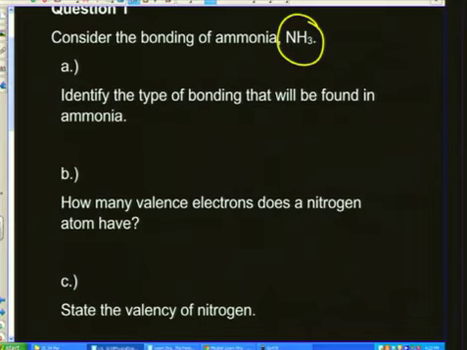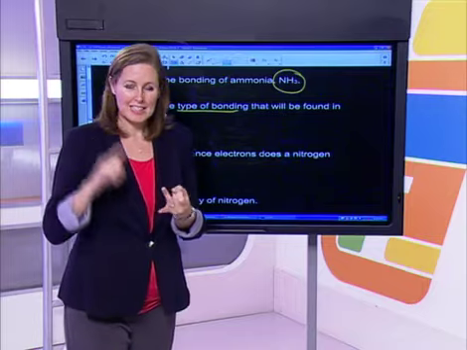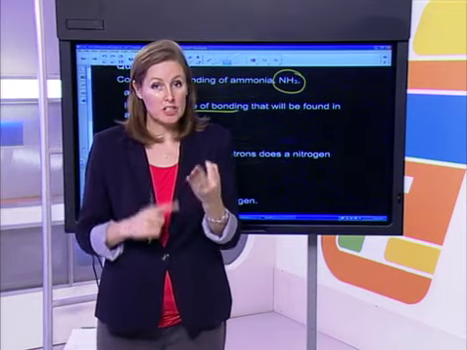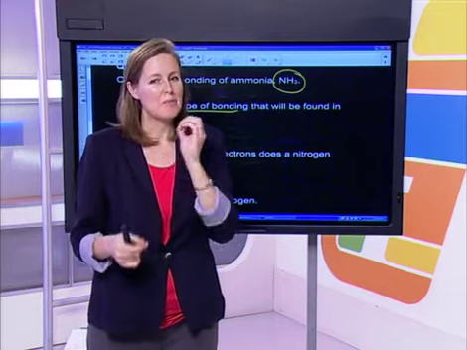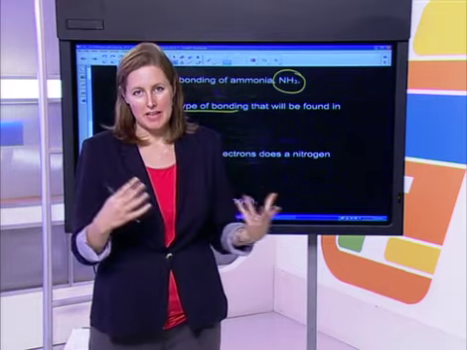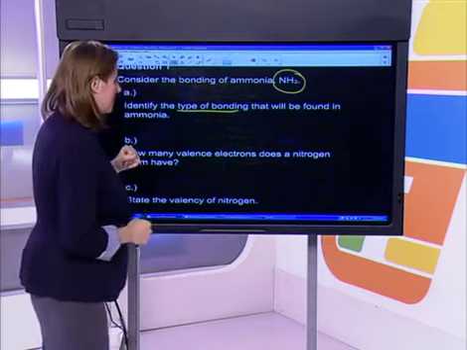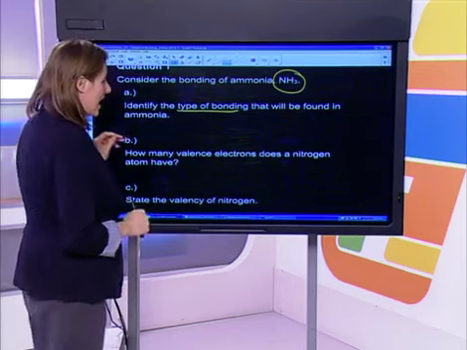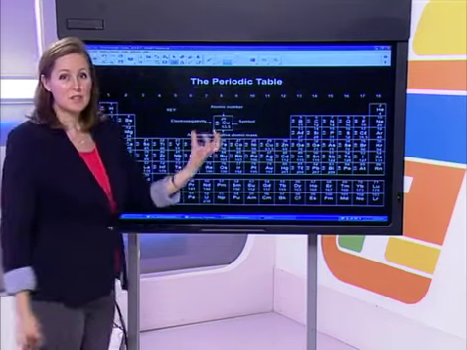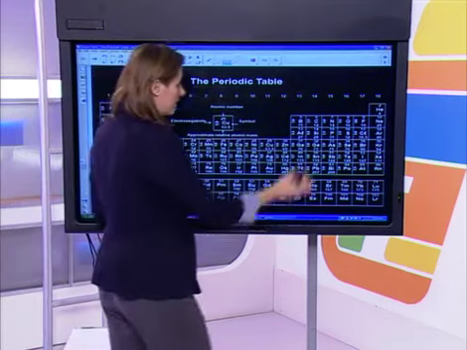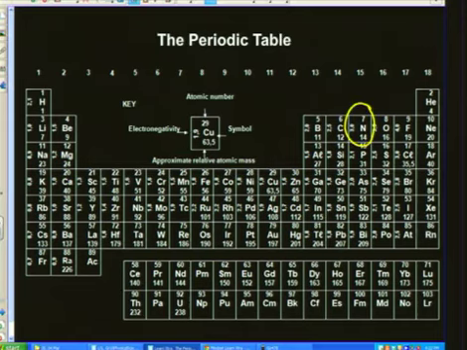Identify the type of bonding. So here we're looking, is it going to be covalent, ionic, or metallic? Well, it's certainly not metallic because metallic bonding would be within a metal, and we definitely don't have metals there. If I have a look at it, let's go and find the different substances. I had nitrogen, which is over here, and hydrogen, which is a non-metal.